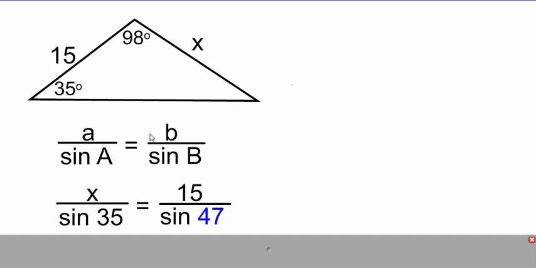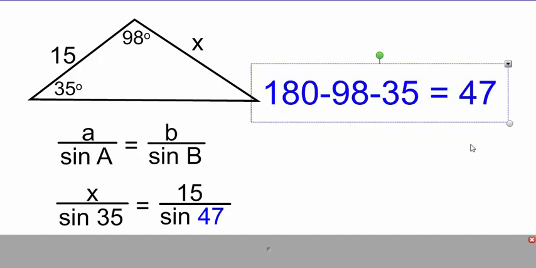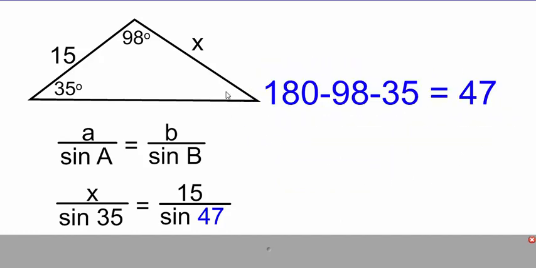So those are the two that go together. This 15 then, the other known value, must work with this missing angle here. And we should be able to find that missing angle by doing a fairly simple calculation here. The missing angle, of course, is 180 minus this 98 minus this 35, or 47 degrees.